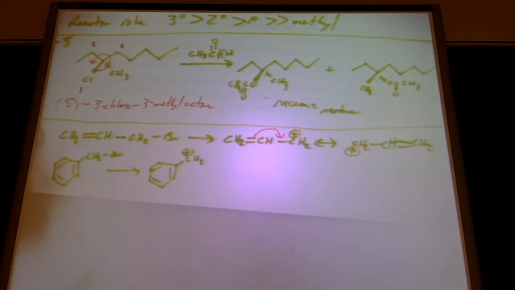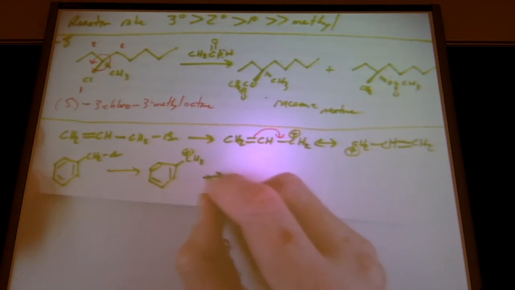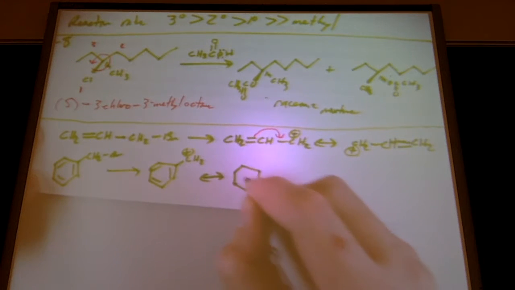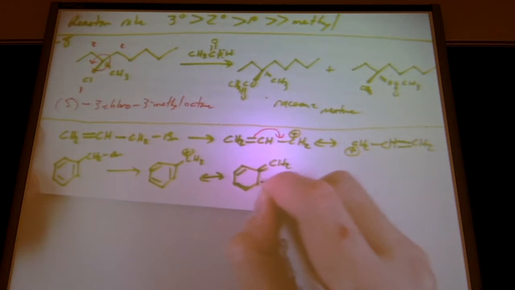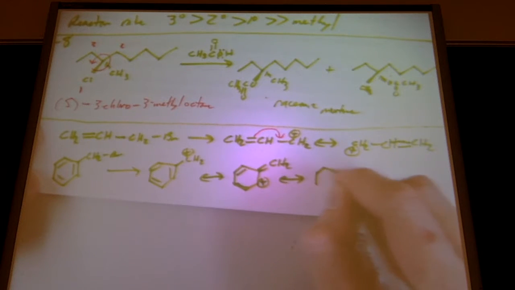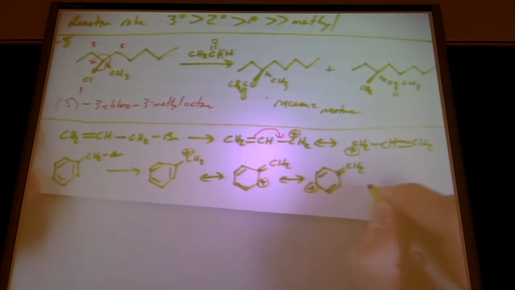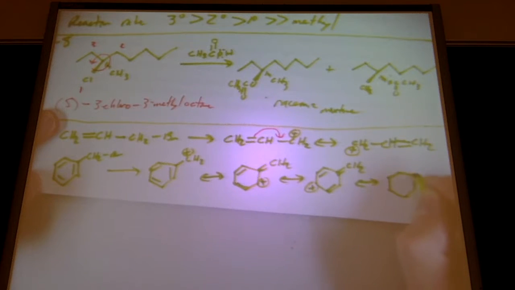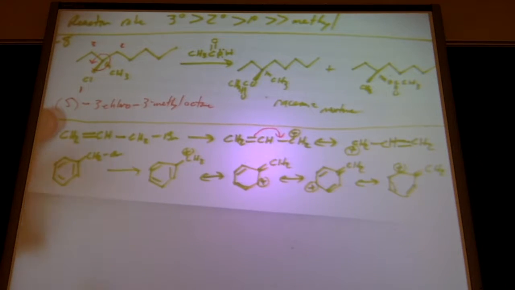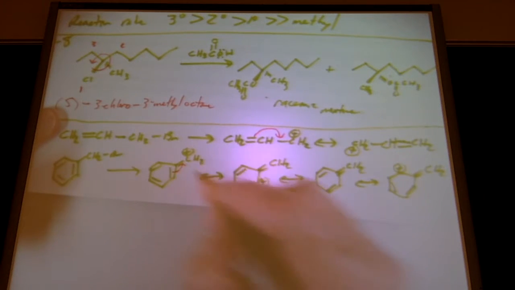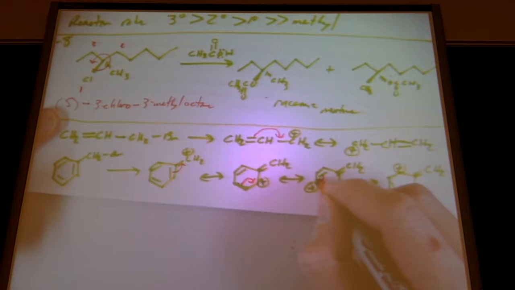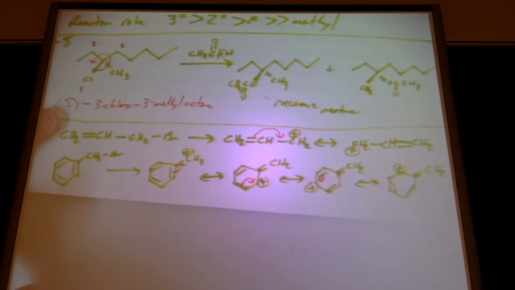Benzylic is an extra carbon attached to your benzene ring. So again, that can be stabilized through resonance. So you can just move the electrons around to get those different structures.